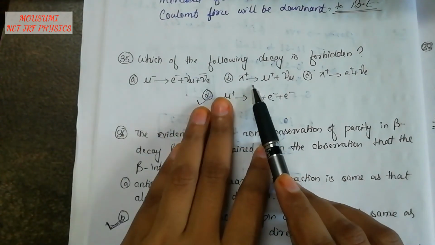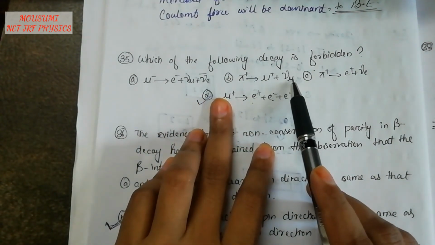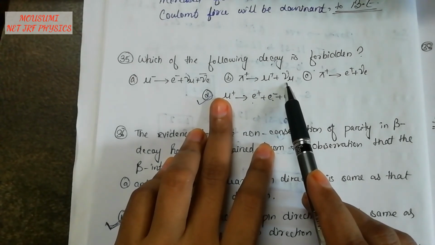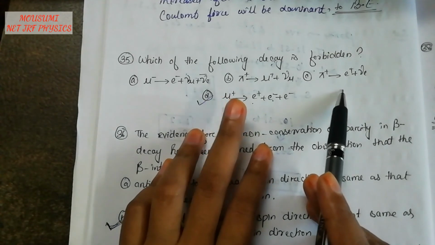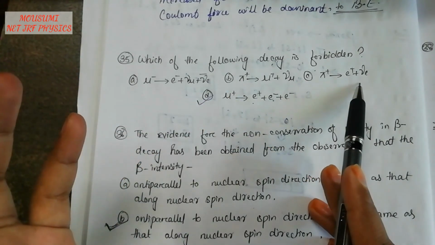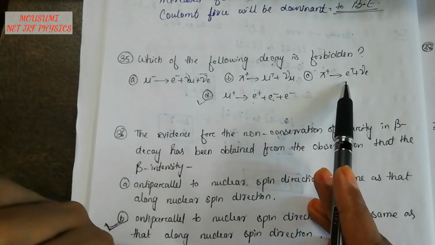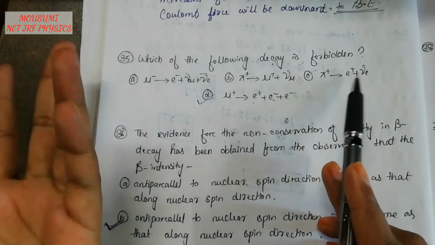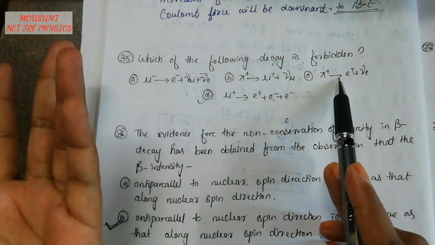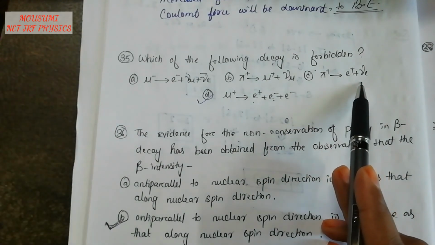For the second one, we can see the muon family leptons are there, so this is also conserved. That means the lepton number is conserved in this case. In the third one also you can see we have the leptons from the electron family. Two are there, one electron and the other one is a positron, right?